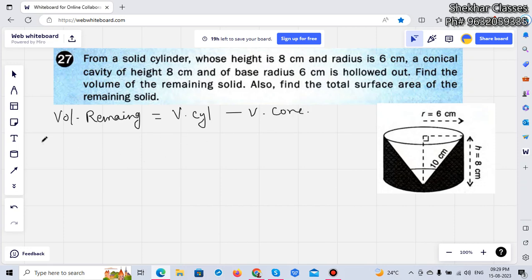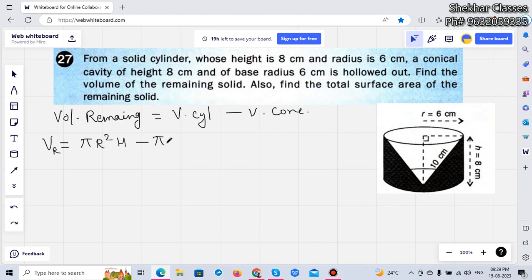So what is the formula? The volume of the cylinder is pi R square H, minus pi. See, the radius of both is the same. Radius of the cone and radius of the cylinder is same.